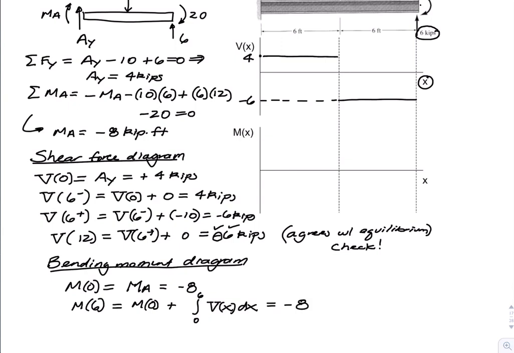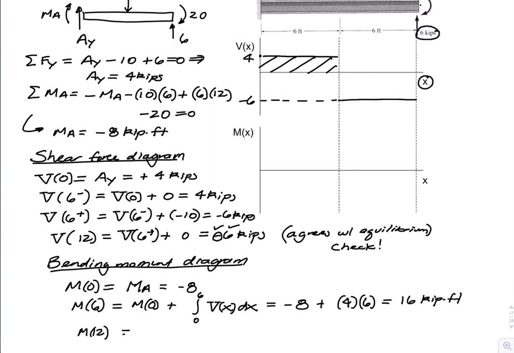The area under the shear force, we could write down an equation and do that, but we just simply have to look at the fact it's the area under that curve. So since it's a plus 4, it's acting over a length there of 6. In the end, what I end up with is 16 kip foot bending moment there at x equal to 6.